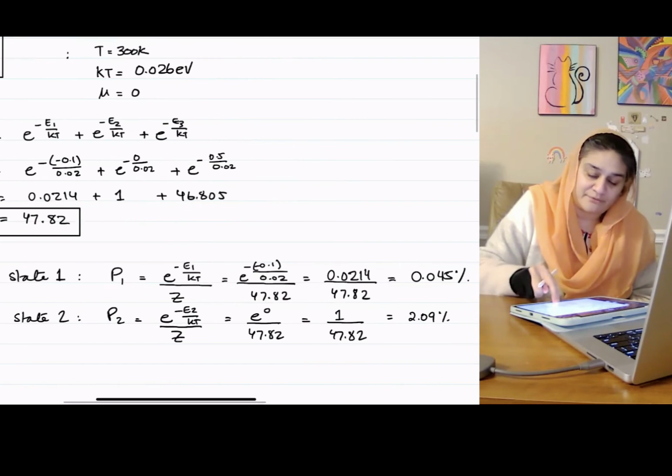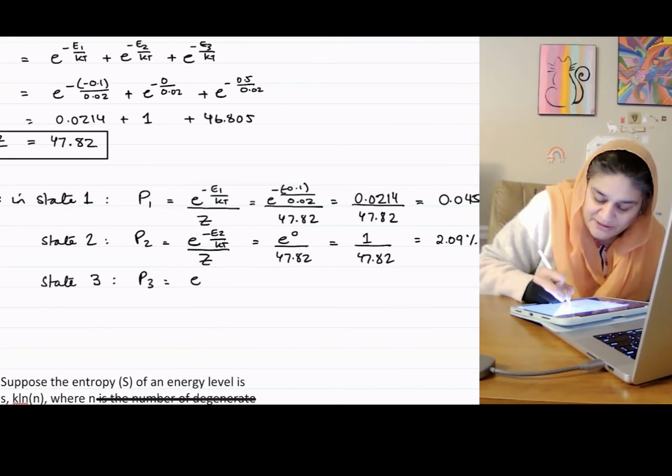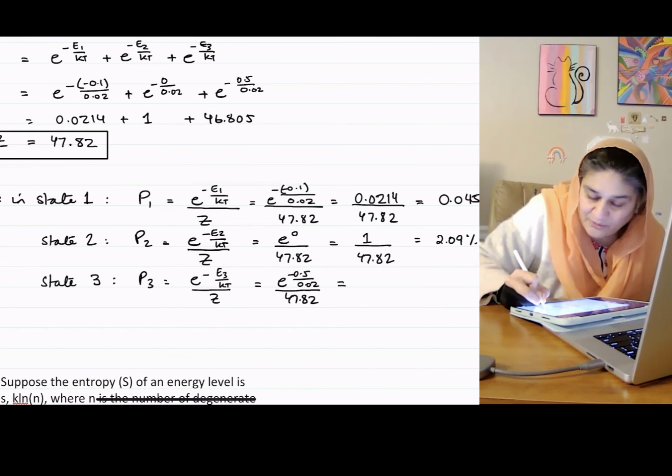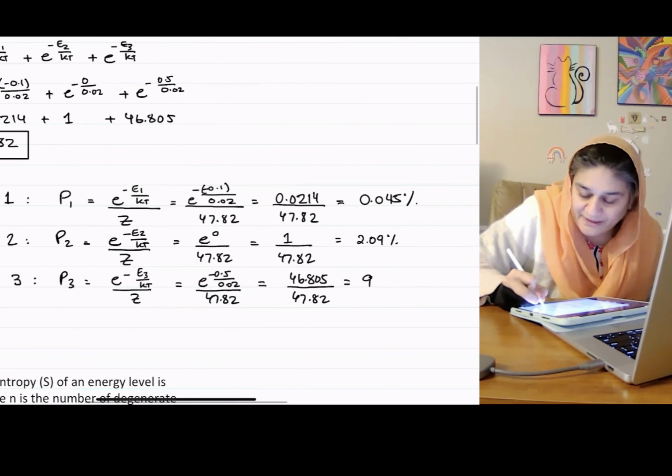And the probability for it to be in state 3, P3, will just be e to the minus E3 over kT divided by Z, or e to the 0.5 over 0.026 divided by 47.82, or 46.805 divided by 47.82, or 97.87%.